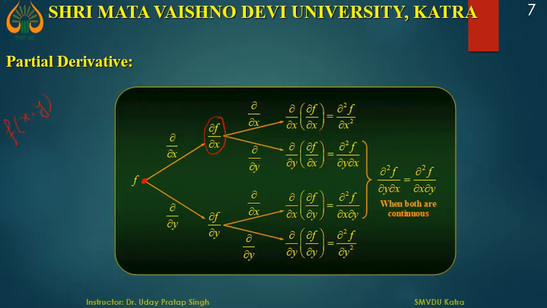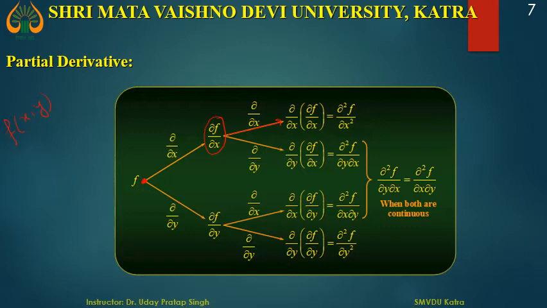Again, if we want to evaluate second order derivative, then differentiate first order derivative partially with respect to x and y again, right? Then this branch is second order partial derivative of f with respect to x, that is dou by dou x of dou f by dou x, that is dou 2f by dou x2.